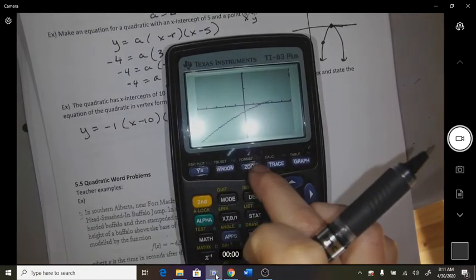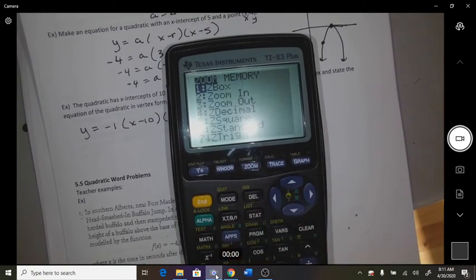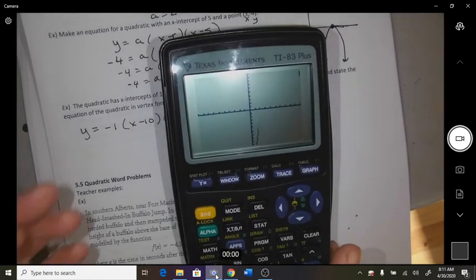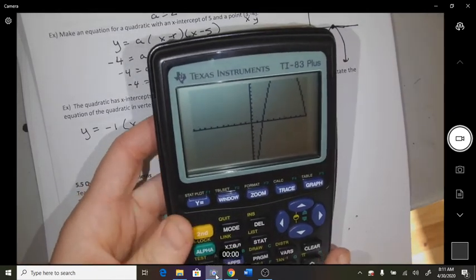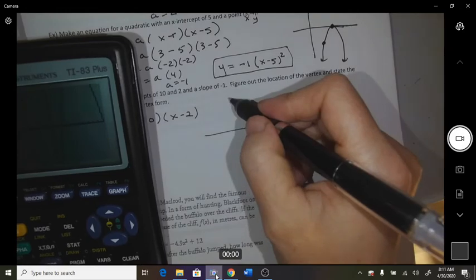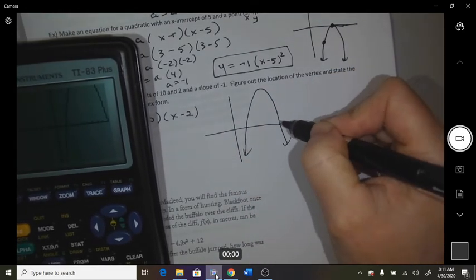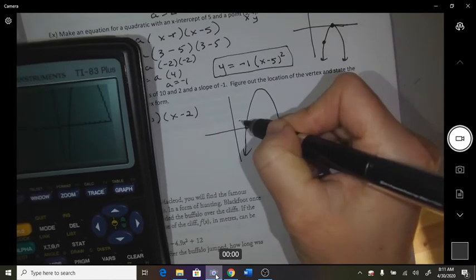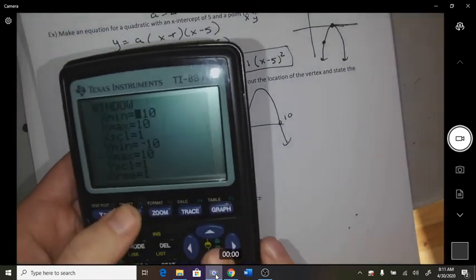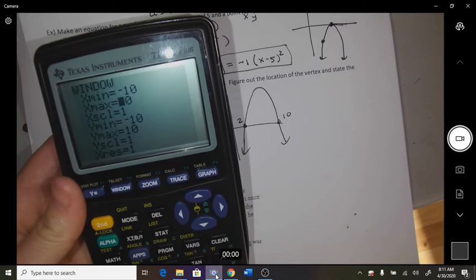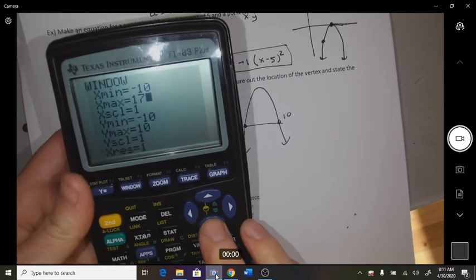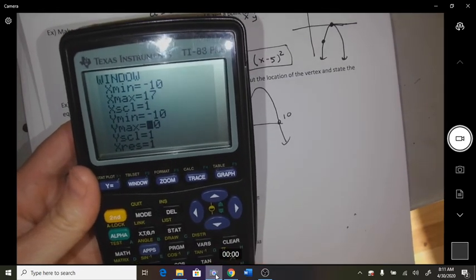I'm going to get back to my Zoom 6 here. I'm just going to draw a picture as well. I'm going to make this higher and wider. So let's try 17 and 20.